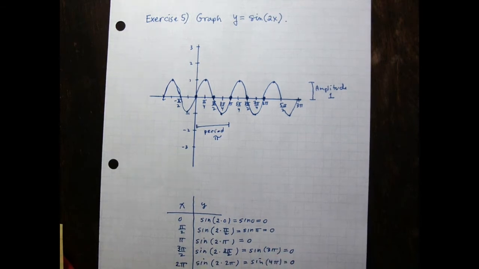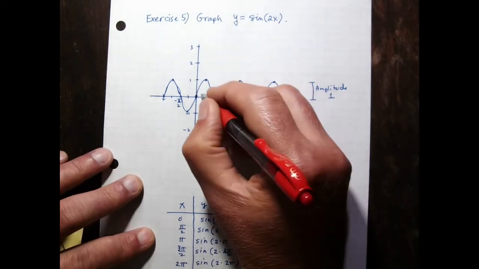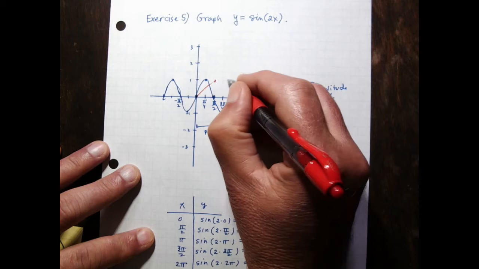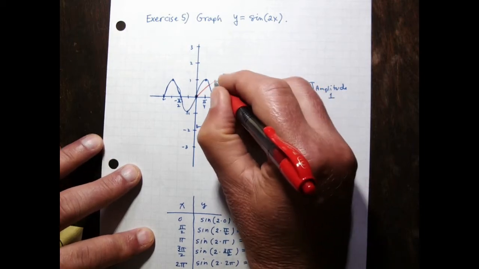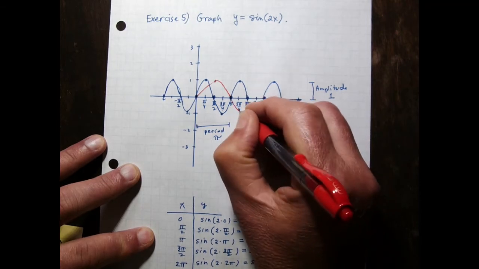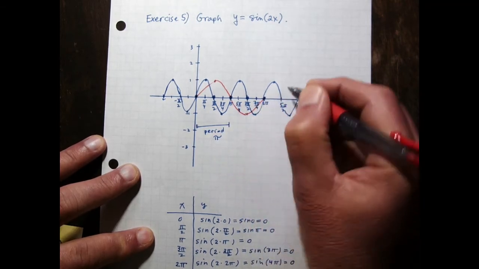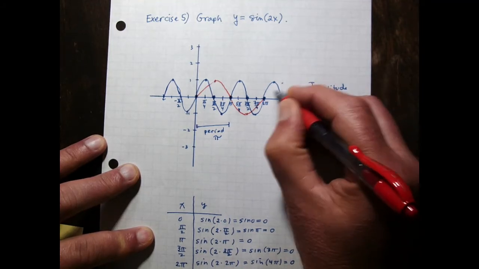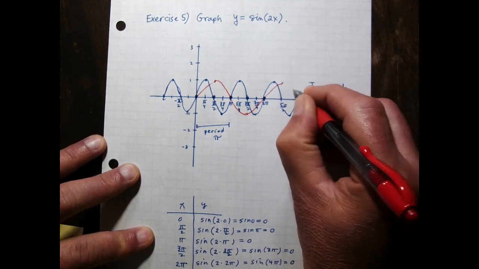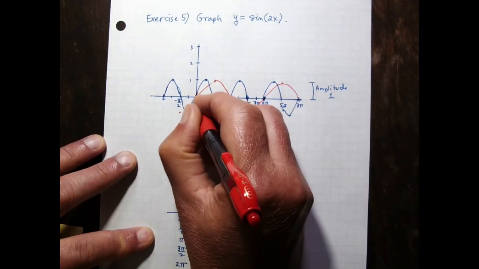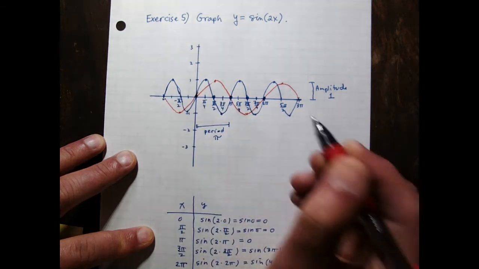And let's also now add the regular sine wave to this picture, like we did in some of those earlier ones. So we'd be 1 at pi over 2, 0 at pi, negative 1 at 3 pi over 2, 0 at 2 pi, 1 at 5 pi over 2, 0 at 3 pi, negative 1 at negative pi over 2, 0 at pi.